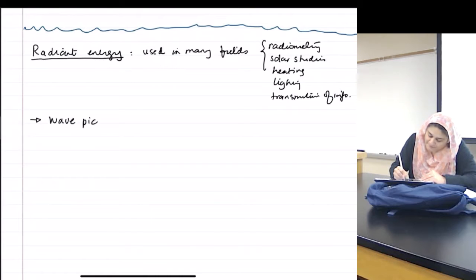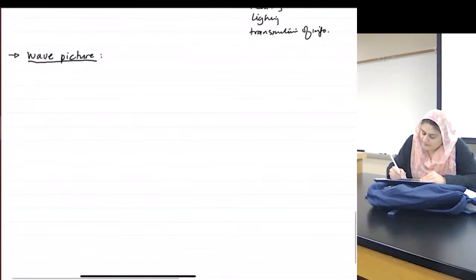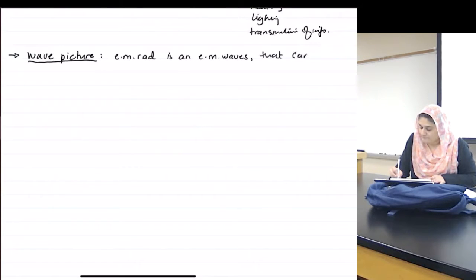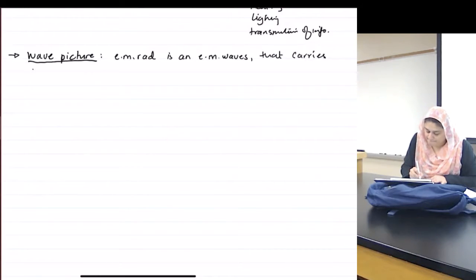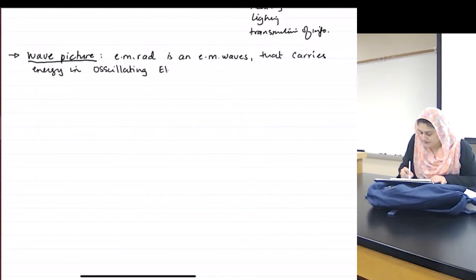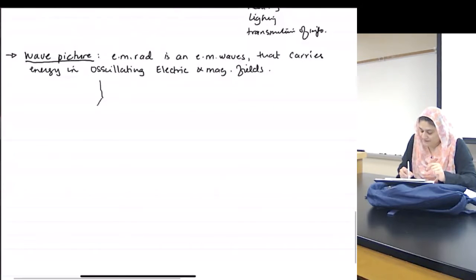So the wave picture says electromagnetic radiation is an electromagnetic wave that carries energy in oscillating electric and magnetic fields. It looks something like this.